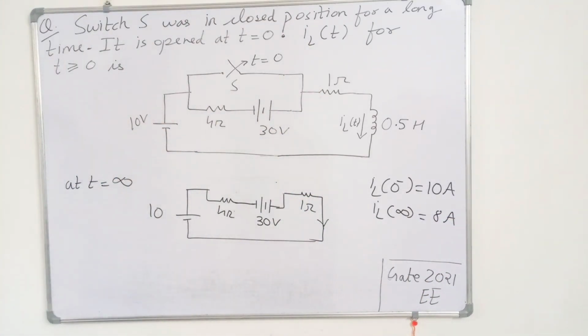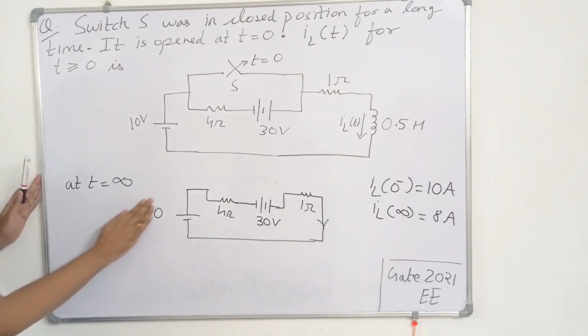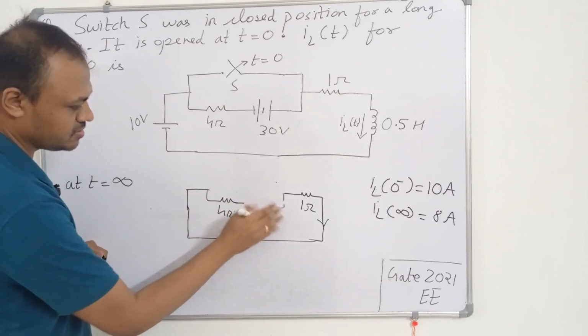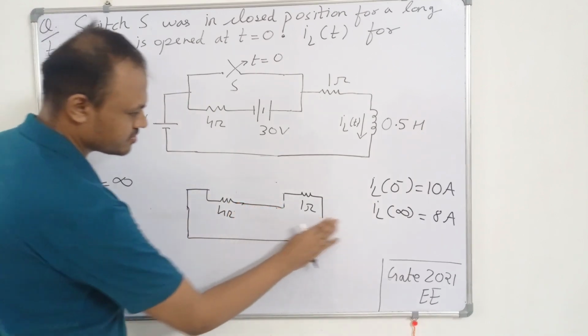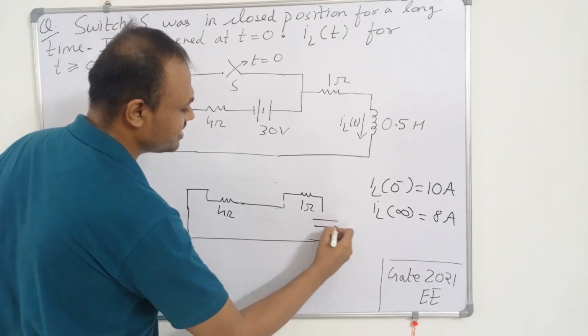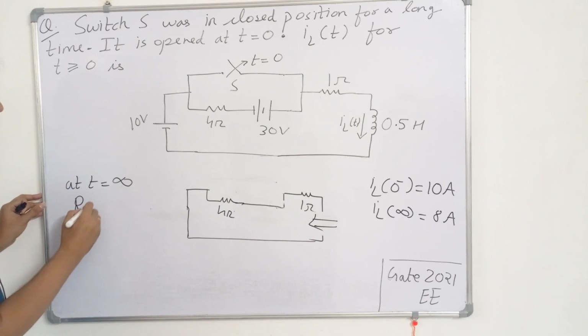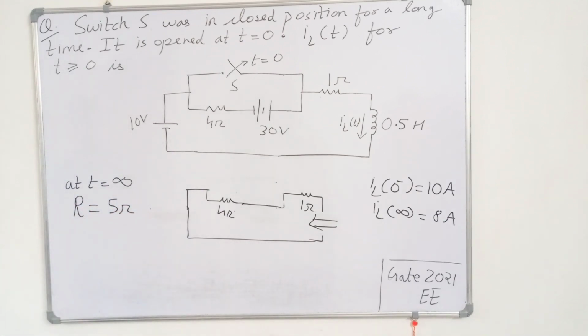Now we will find the time constant of the circuit. To find the time constant, we will short circuit the voltage source, and first we will find the equivalent resistance. So equivalent resistance R is equal to 5 ohm, and the inductance value is also given as 0.5.